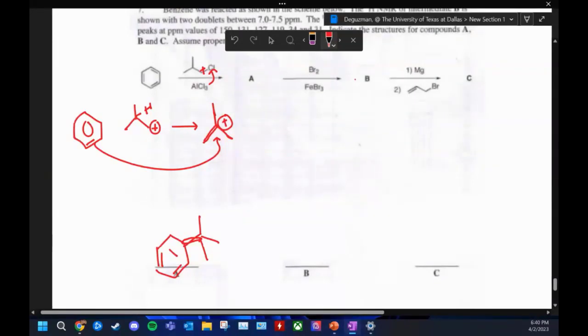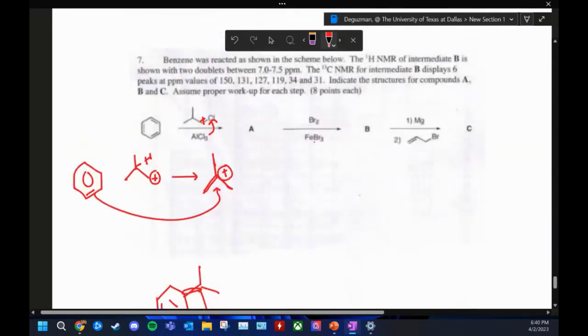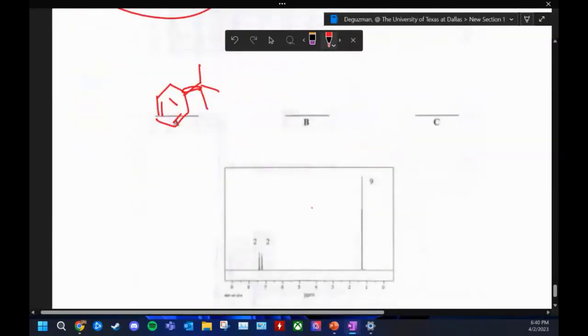Okay, now A to B, they do give us a reaction, right? Br2 with FeBr3. Let's look at the NMR that they do give us. Now here, this is an electron donating group, right? The R group over there. The reason why they gave you HNMR is you don't know if the bromine was added here, the para position, or at the ortho positions. So the HNMR is there to tell us that. So it looks like we do see the 9 here, right? That's the 9 for the t-butyl.